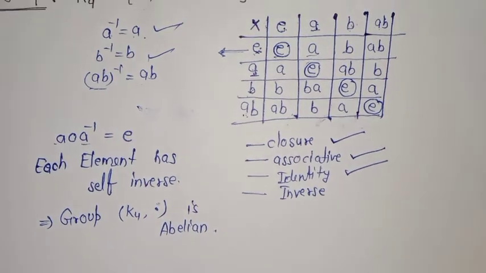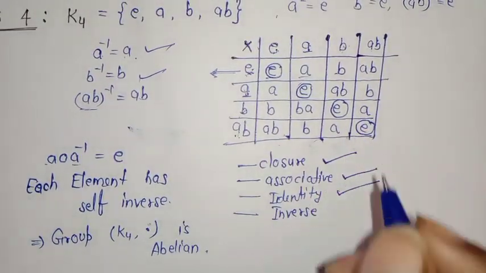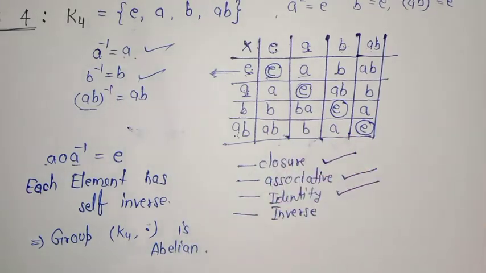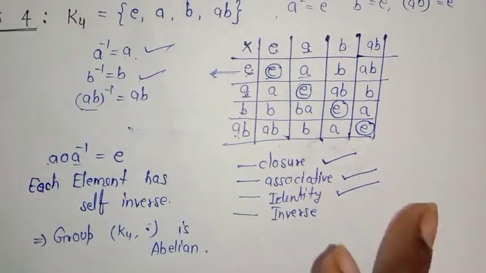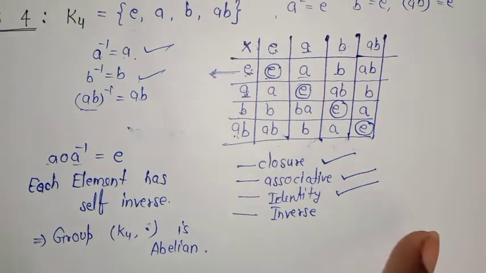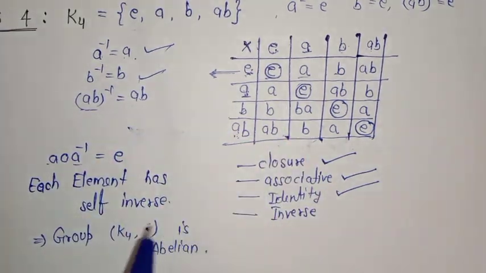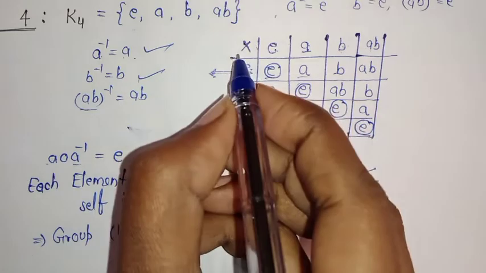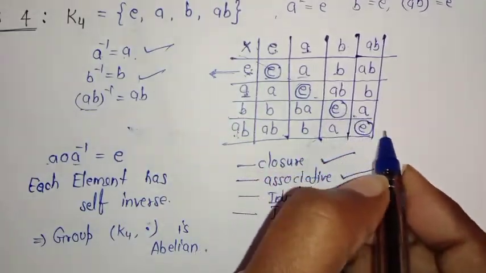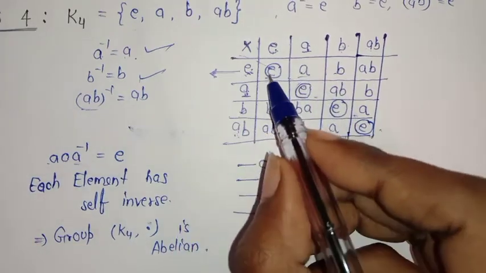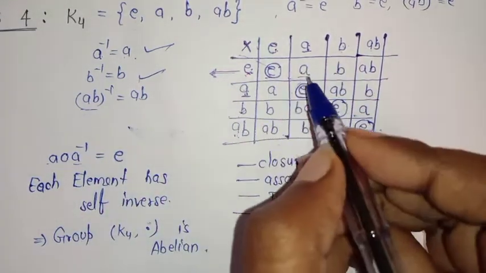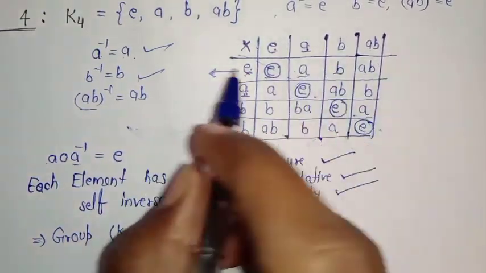So I hope you understand this example. Now suppose you don't know about this theorem and you have found this table. How do you understand whether the group is abelian or not? You just see the diagonal.